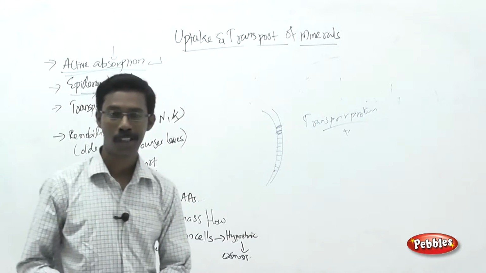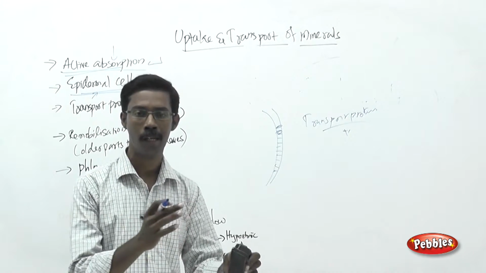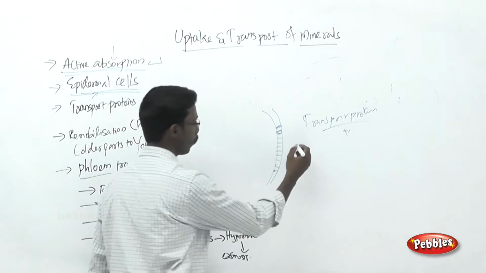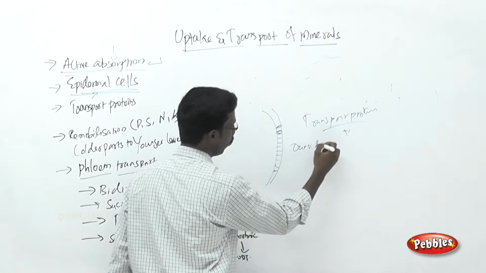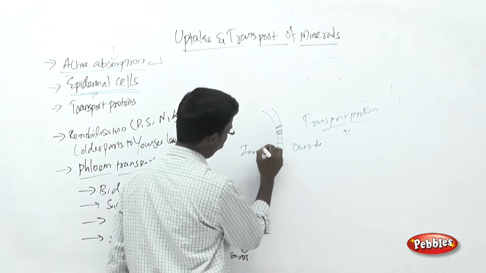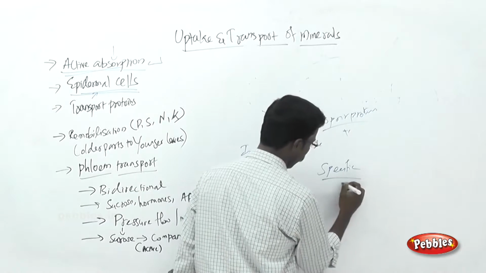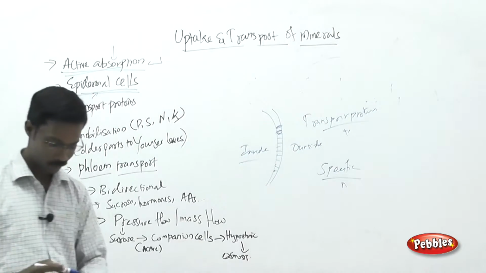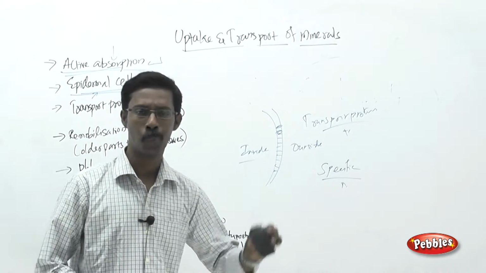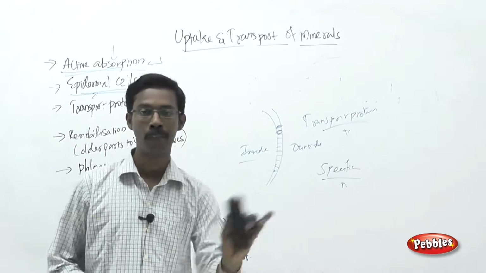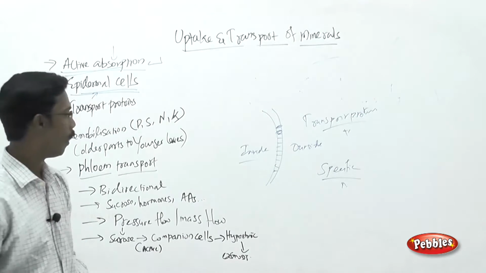As I told you, the transport proteins are involved in the transport of molecules from one side to another, for example, from the outside to inside. They are very specific. This is what you have to remember. Each and every transport protein will participate only in the transport of specific ions from one place to another.